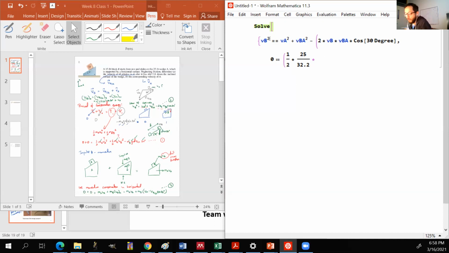It was VA squared. Control C, Control V. So that's one bracket times, now we can just do good old copy pasting. So 1/2 MB. What's the mass of B? 15 pounds. 15 there. This becomes VB.